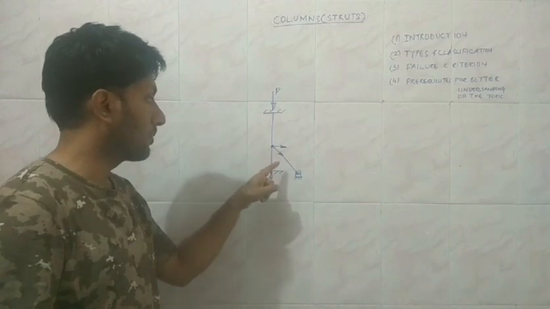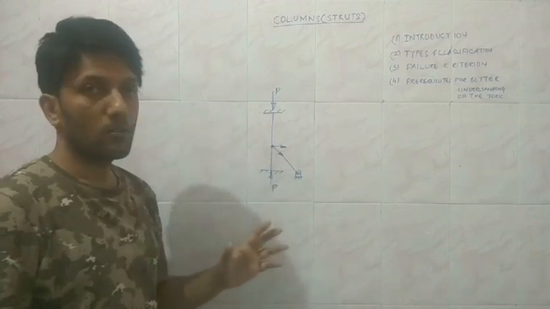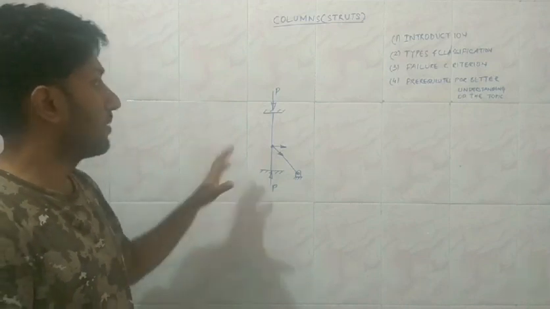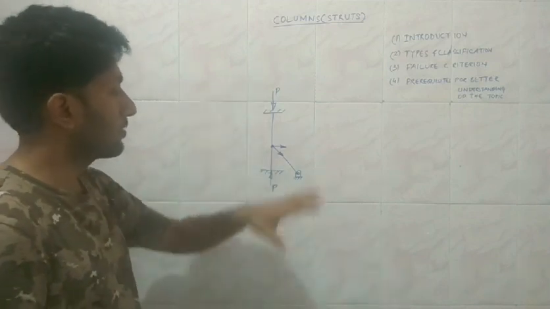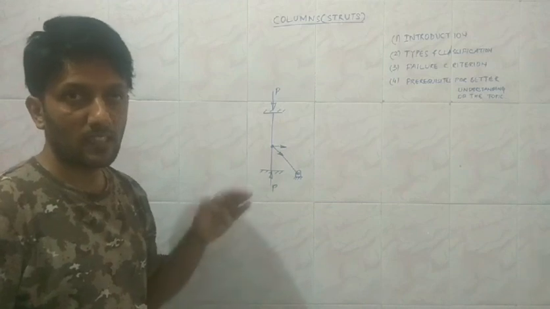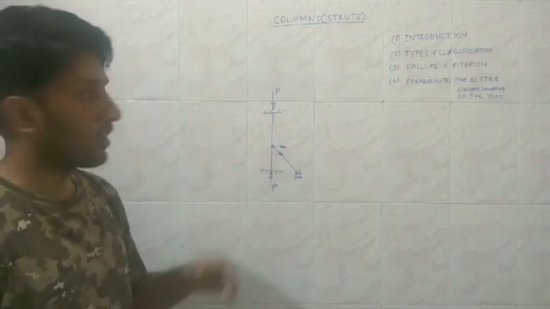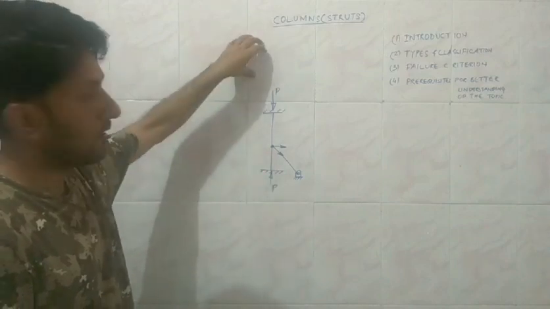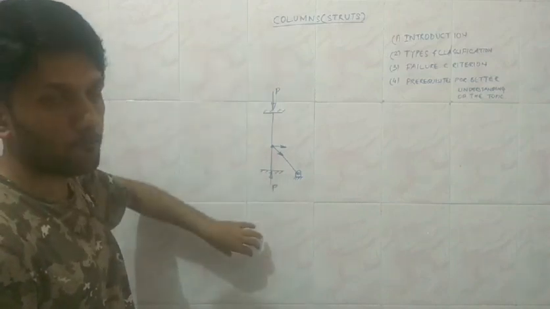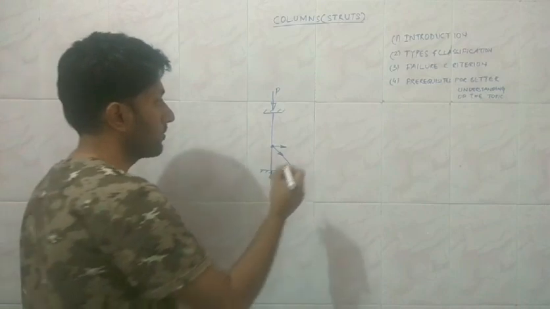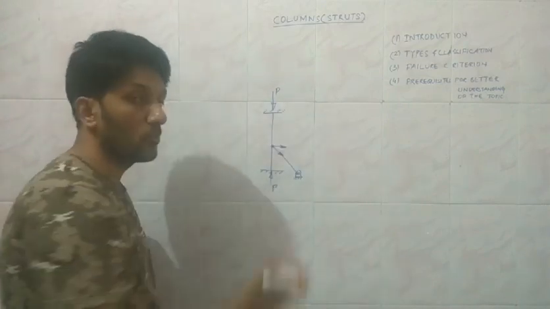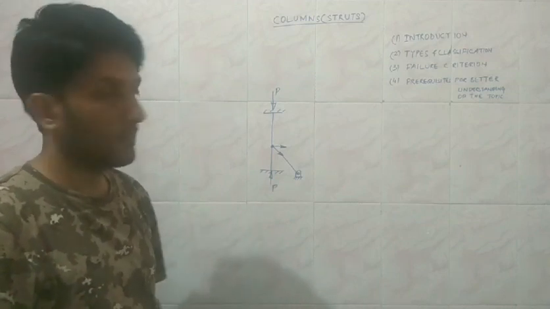This is only the component because of the support in order to uphold it in the vertical direction. So in case of the column, some components may act in the transverse direction, but the principal function is to carry the load in the longitudinal direction. So they are known as columns, and they are usually oriented in the vertical direction and usually subjected to compression.